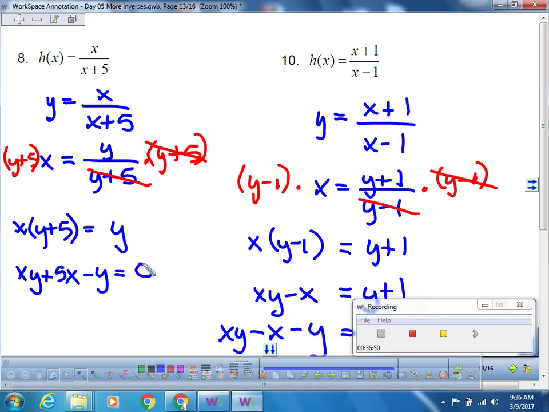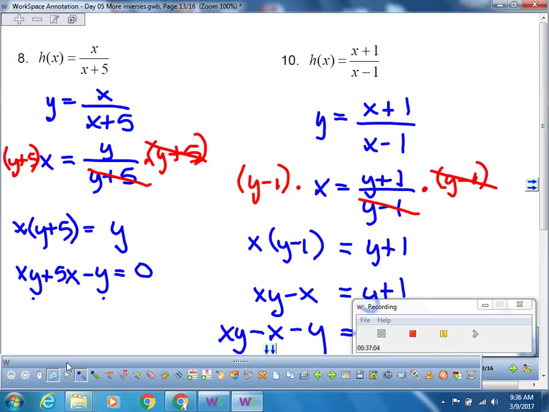So now I have y here and a y here, and then I have a 5x here. I can't factor out a y with that 5x here, so what am I going to do with it? Move it to the other side. So I have xy minus y equals, it's now negative 5x.